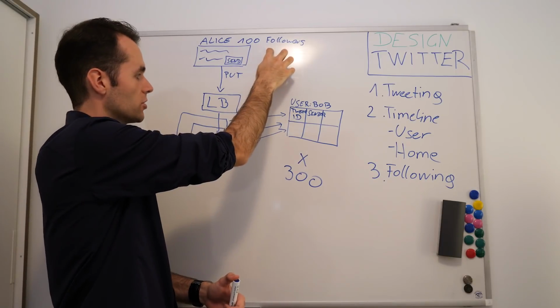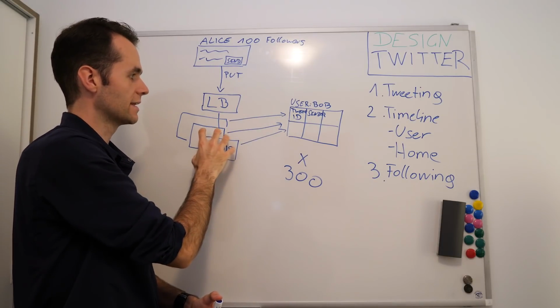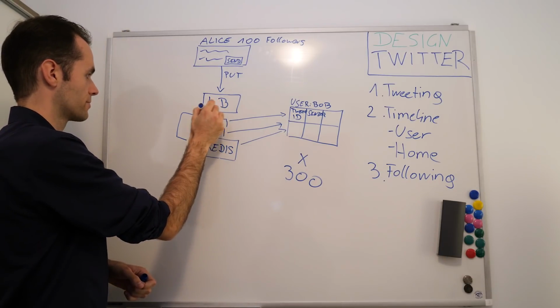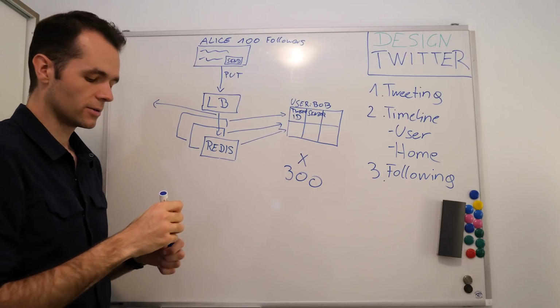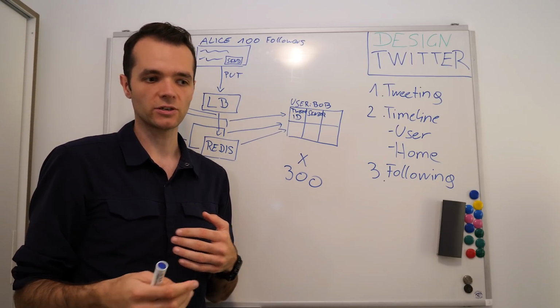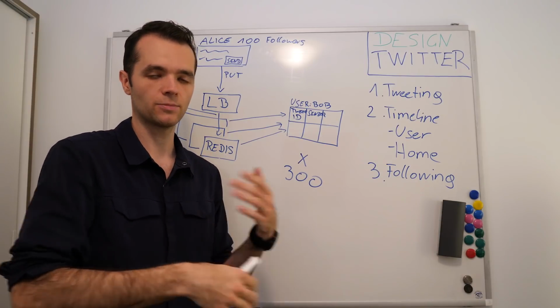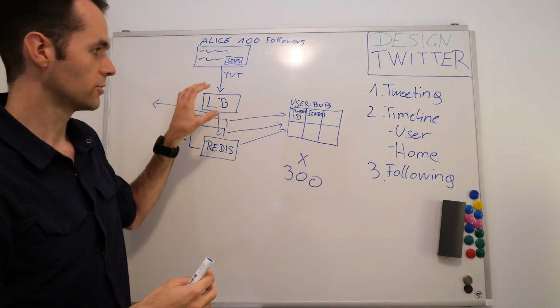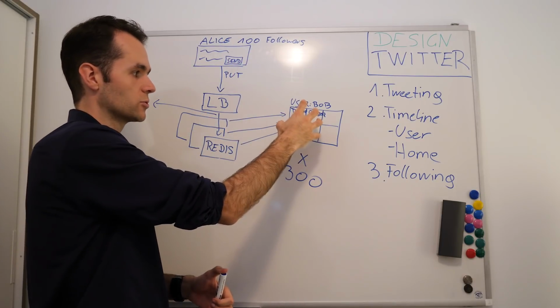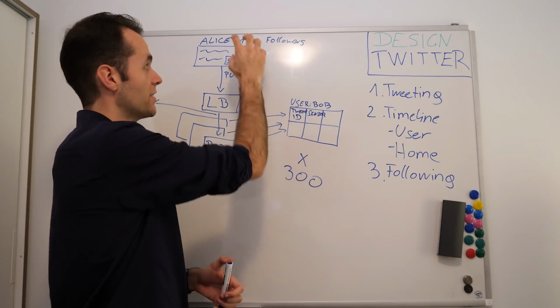So those 100 followers, we need to know which lists have to be updated there. So this is a step in between where this maybe doesn't have to be in an in-memory database, because we're doing this fan out as a process which takes some time, because we don't expect Bob to refresh his timeline in that moment.